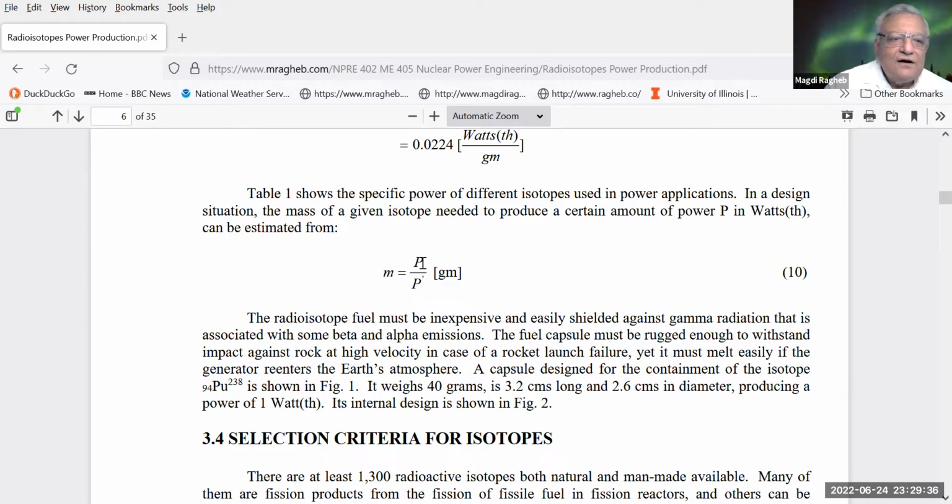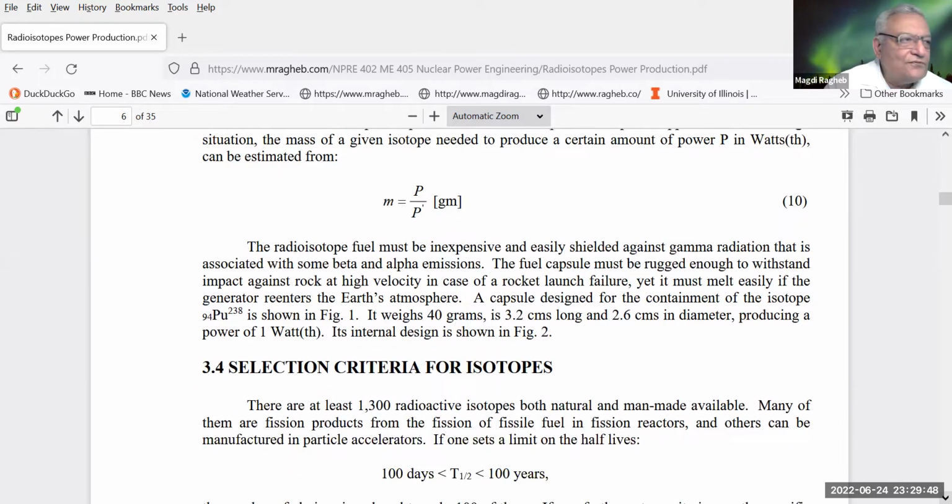This is basically the design feature that NASA follows for the power supply in most of its probes, depending on the electrical power that your instrumentation needs for communications, for propulsion, for the scientific measurements.